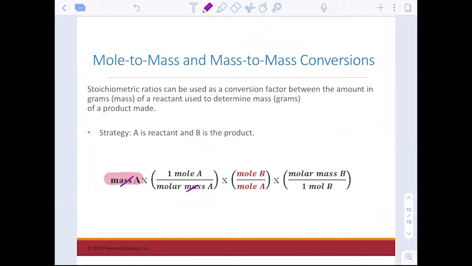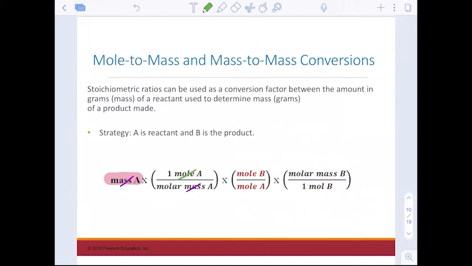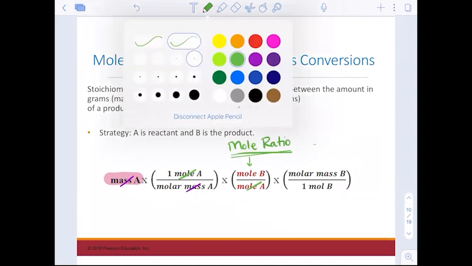Watch. The mass of A cancels with mass, and you get moles of A. The moles of A can be canceled with the moles of A to convert to moles of B using a balanced mole ratio. This would be the mole ratio from the balanced chemical equation. Has to be from a balanced chemical equation.